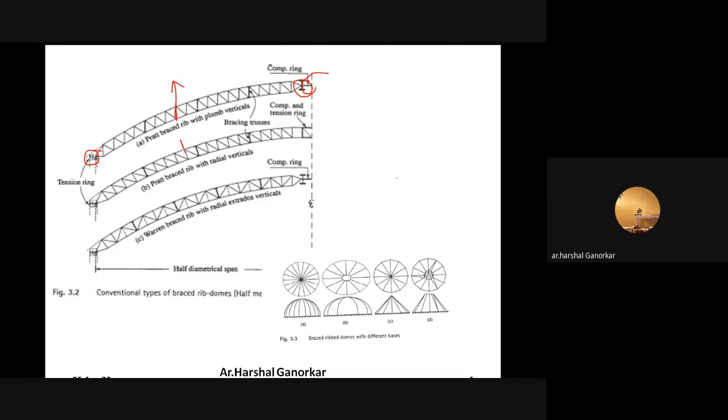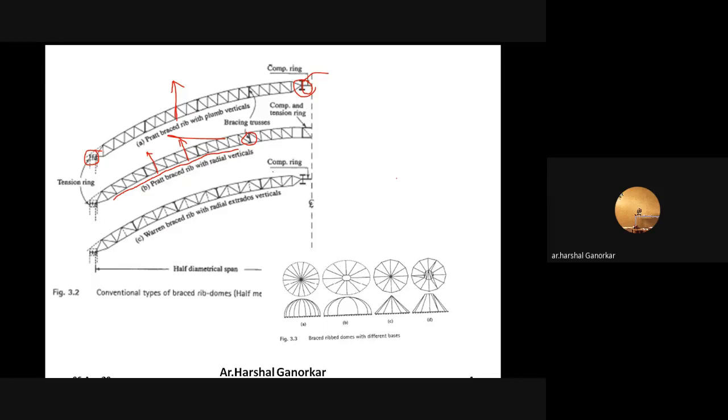And this is another type in which you would see this vertical member in a radial direction. Hence it is called the Pratt type with vertical and vertical member in radial direction. So these are the bracings in between.